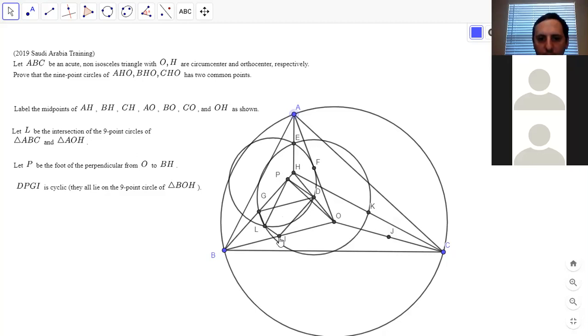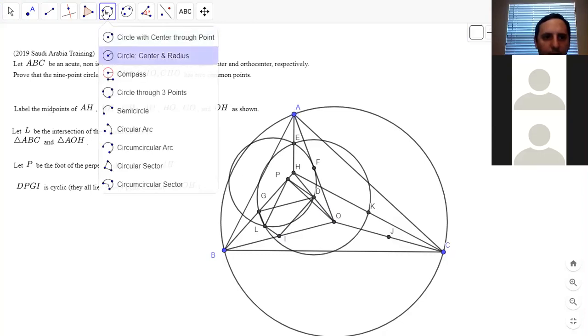So PI is equal to OI, so PI is half the radius of the circumcircle. Can we show DL is half the radius? So DE is half the radius. So can we show DL is equal to DE?